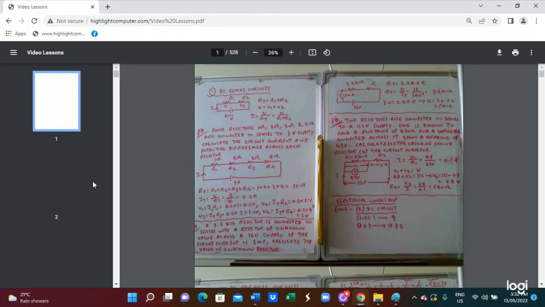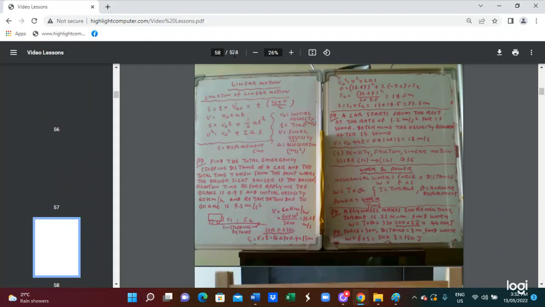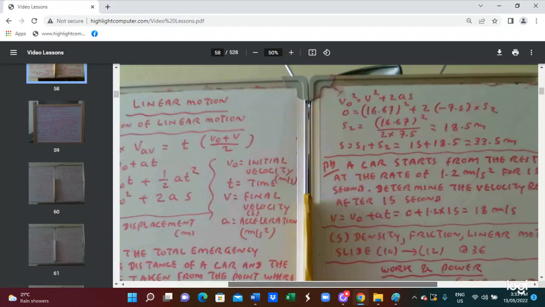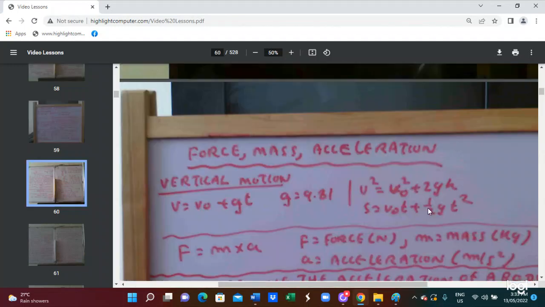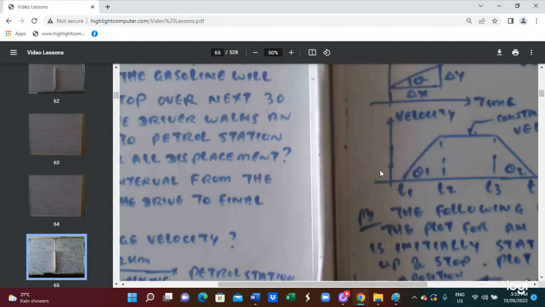Okay, lesson 28, pages 58 to 86. So here is the physics lesson beginning. Those are the beginning of the lesson. So you go down up to 58 to 86.